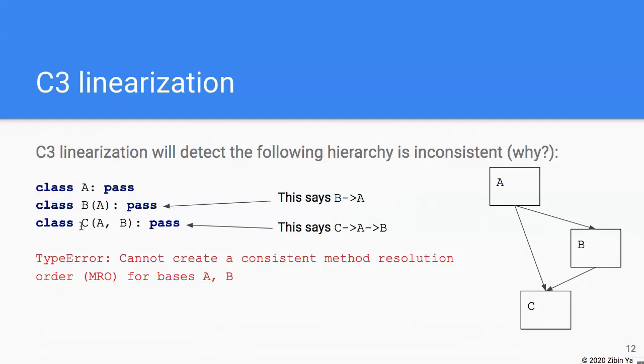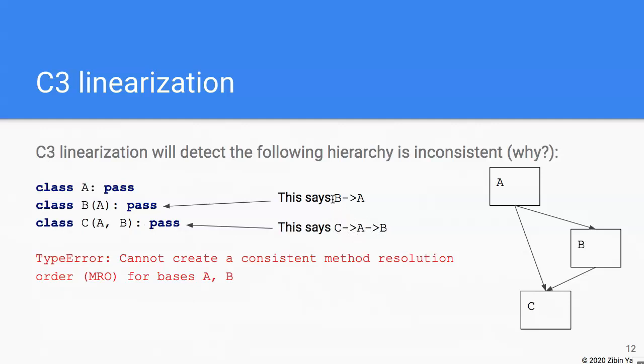However, when C inherits from both A and B, but it inherits A first, then given the rule of going from left to right, it says A must be searched before B. So the MRO for C is C, A, B.